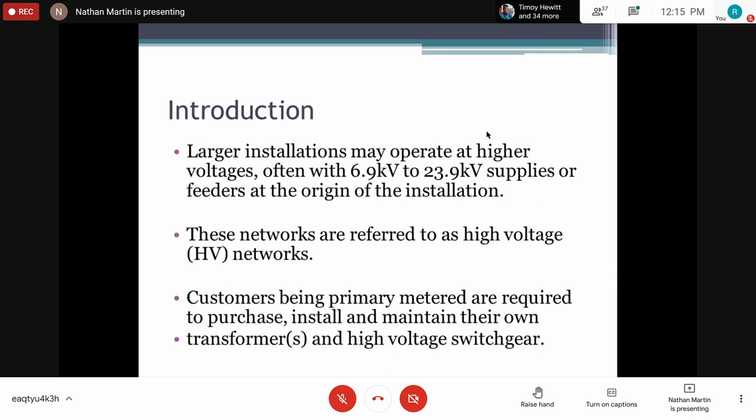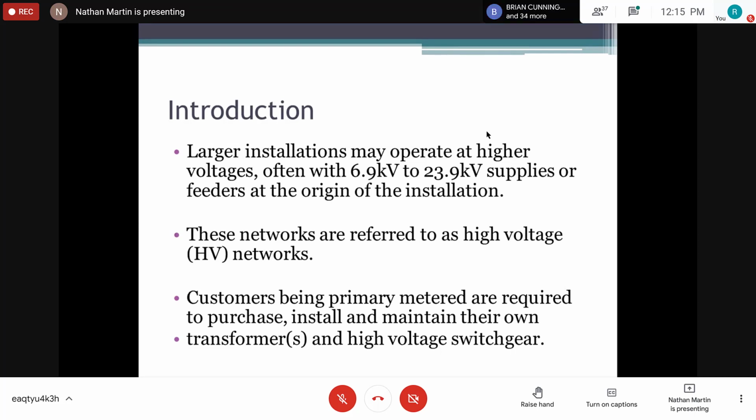The larger installations, which are the heavy-duty installations, operate at voltages between 6.9 kilovolts and 23.9 kilovolts, or 24 kilovolts, for different regions. Different regions will vary depending on the generators. These networks are referred to as high voltage or medium voltage networks in some regions.